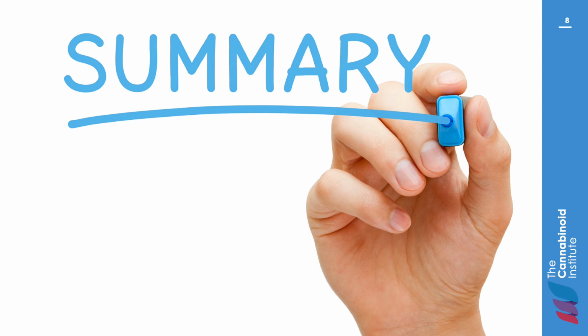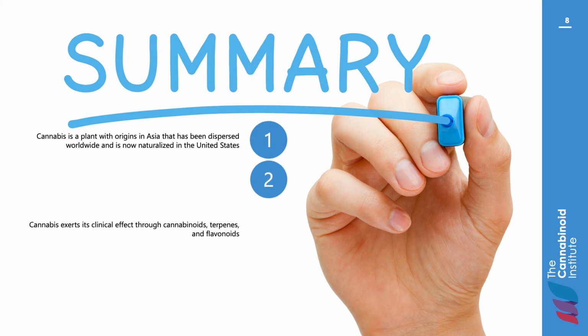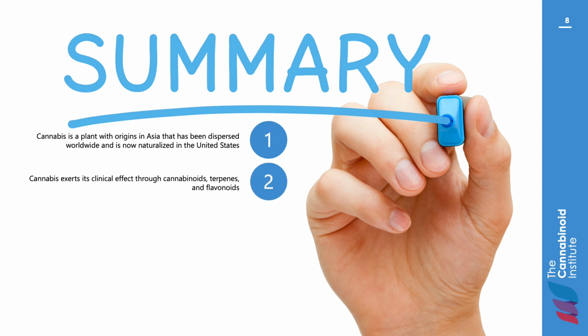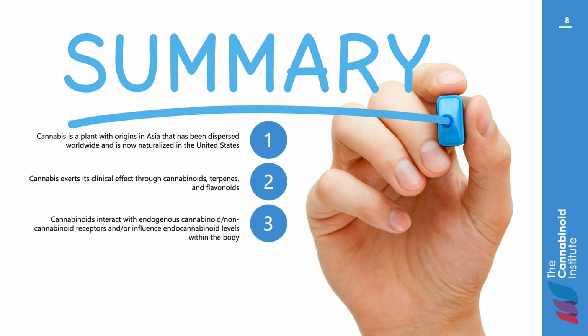In summary, cannabis is a plant with origins in Asia that has now been dispersed worldwide and has become naturalized in the United States. Cannabis exerts its clinical effect through cannabinoids, terpenes, and flavonoid compounds. Cannabinoids interact with endogenous cannabinoid and non-cannabinoid receptors and/or influence endocannabinoid levels within the body to exert their effects.